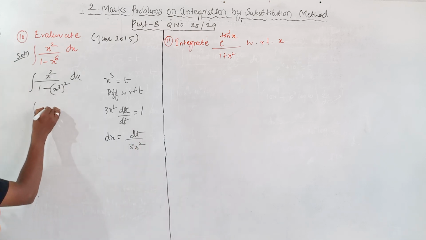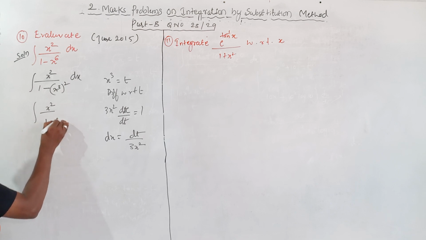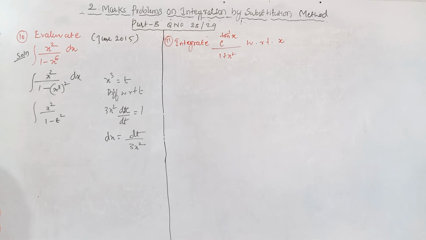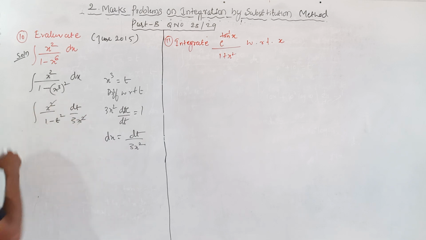Now x square as it is, and the denominator becomes 1 minus t square. dx means dt by 3x square. I think we made a mistake: it is 1 minus x cube.